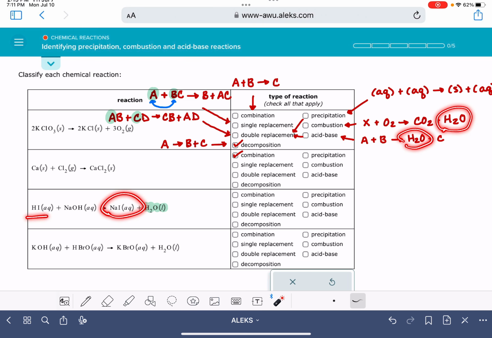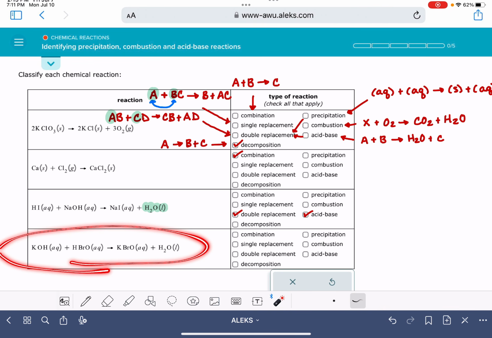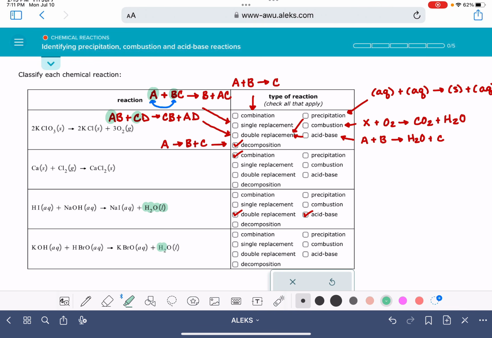And since I don't have any other characteristics of combustion, that means that this is an acid-base reaction, and all acid-base reactions are also double replacement reactions. And then the one underneath it looks like, again, I have another formation of water without the formation of CO2, which means I have another acid-base, which is also another double replacement.